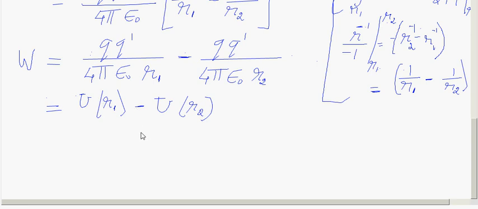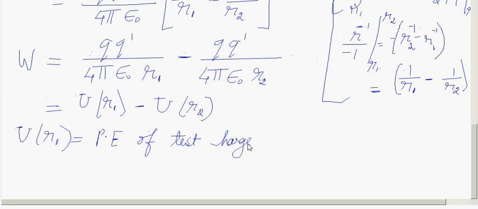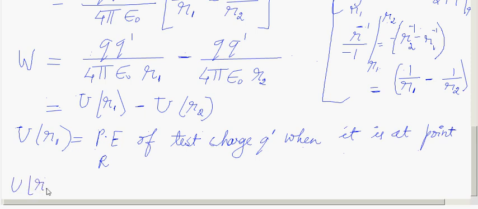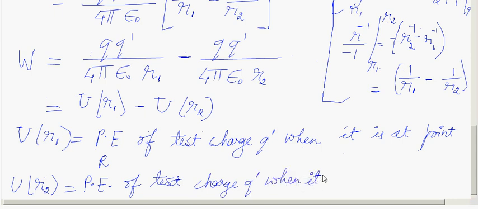Here U of R1 is the potential energy of test charge Q dash when it is at point R. Similarly, U of R2 is the PE of test charge Q dash when it is at point S.